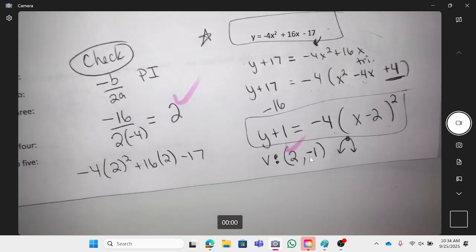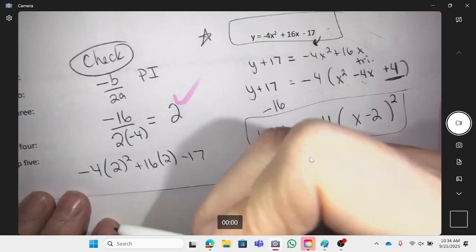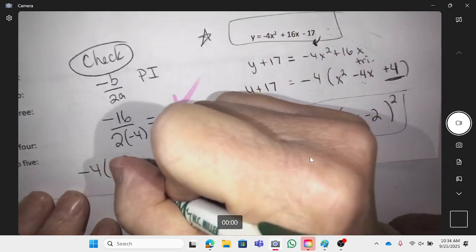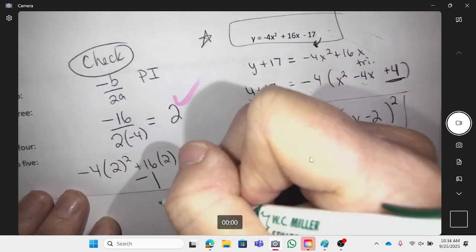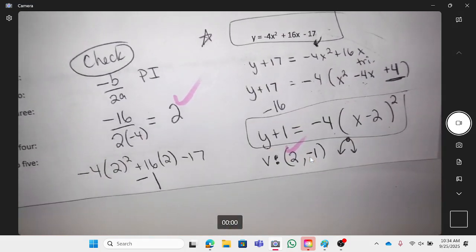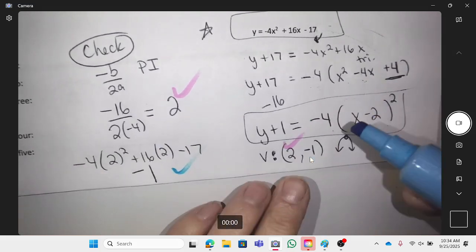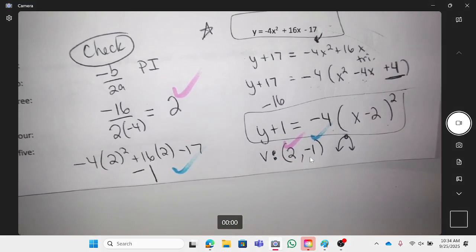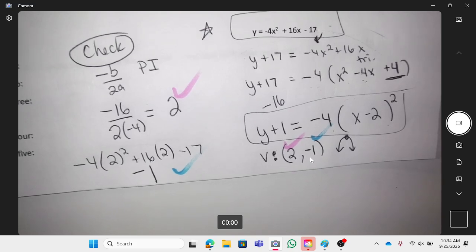Subtract 17. Ta-da! It's negative 1. Is that good news? Negative 1. And when we did it over there, we got a negative 1. So it all works out, right?